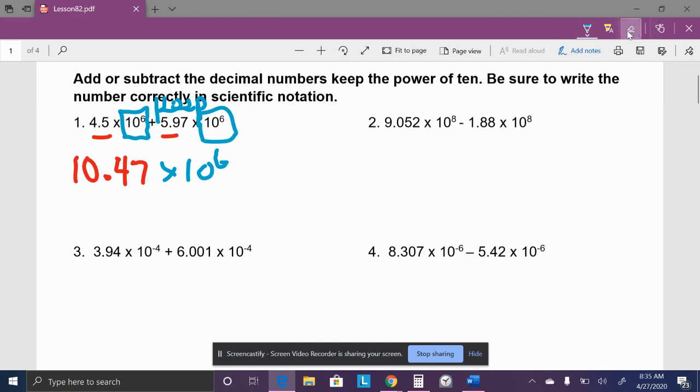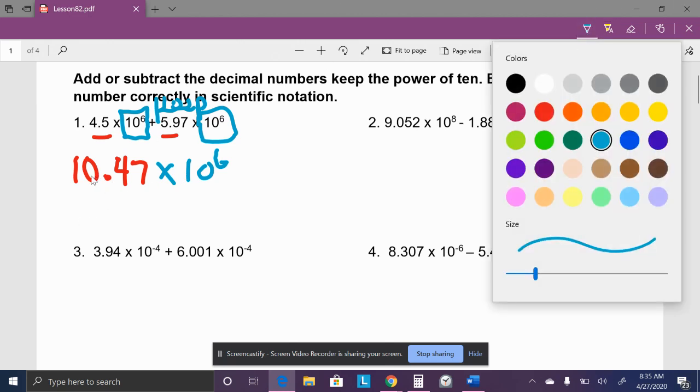Now look at that number. It's not in scientific notation, right? We got 2 spots before the decimal. We have to move this decimal over and adjust my exponent.